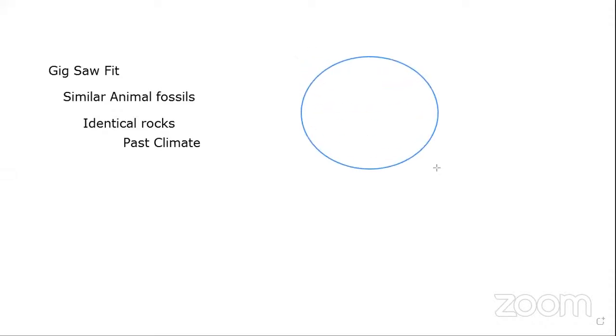So Wegener says that the earth was once one landmass, and it was called Pangea, isn't it, members? So this Pangea was later split into two, and the splitting formed which continents?